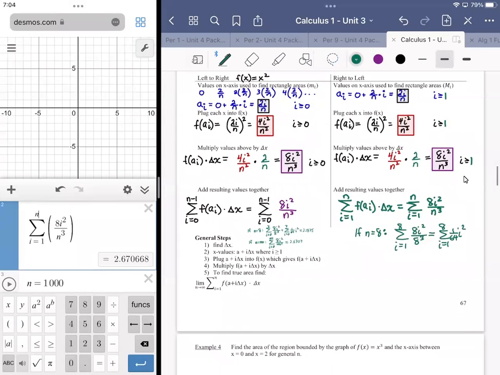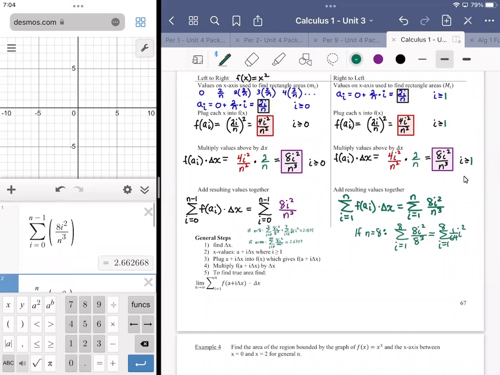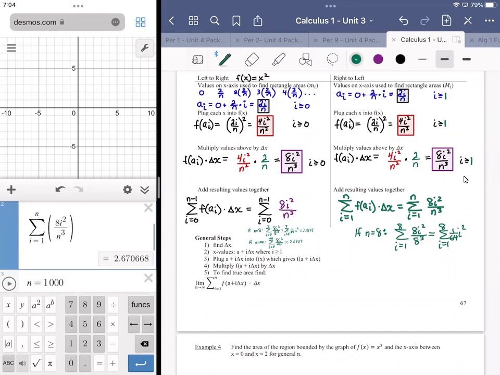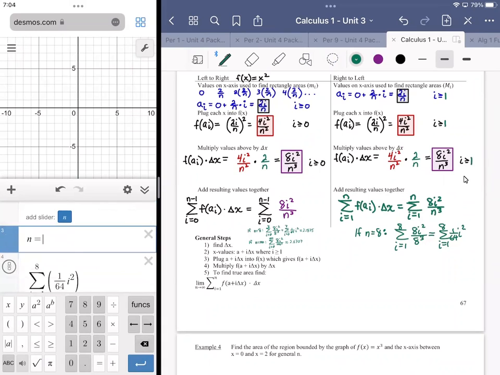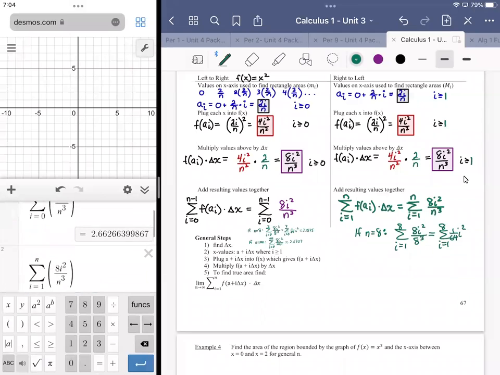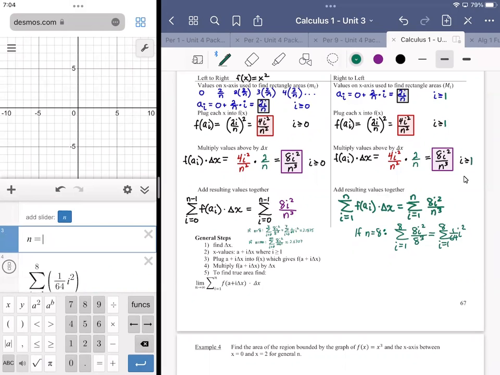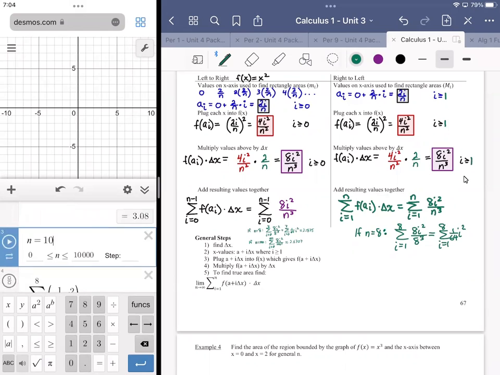But yeah, so for 1,000, I would get 2.6707, as opposed to if I did it for 999 in the other case, I would have gotten the 2.6626. All right. So it gives you the lower and upper bounds, but it's giving us what we expected.